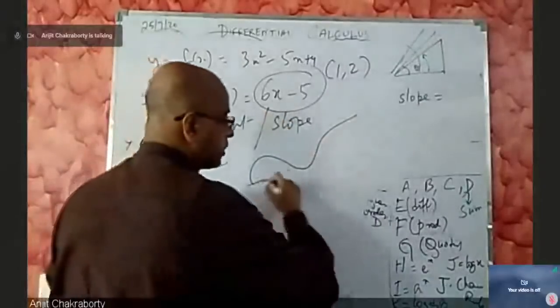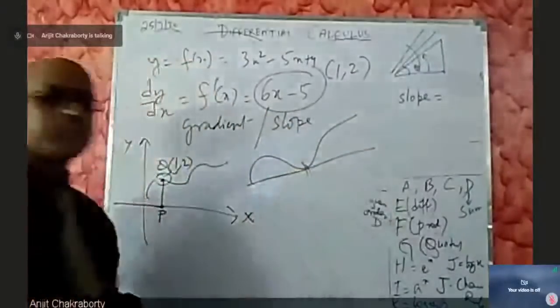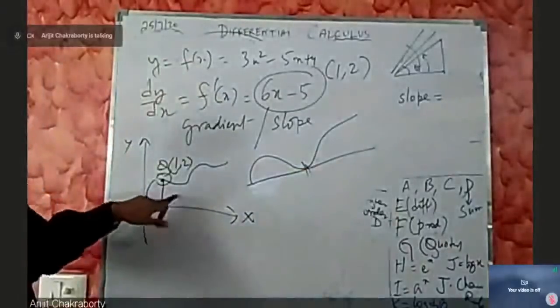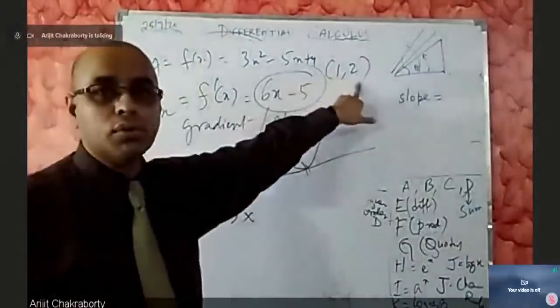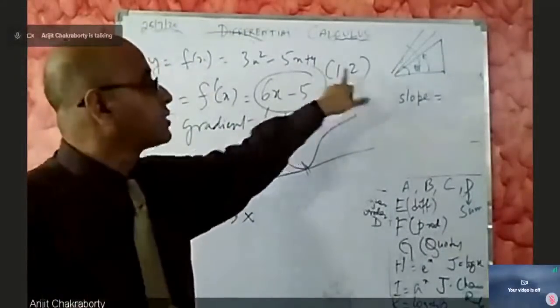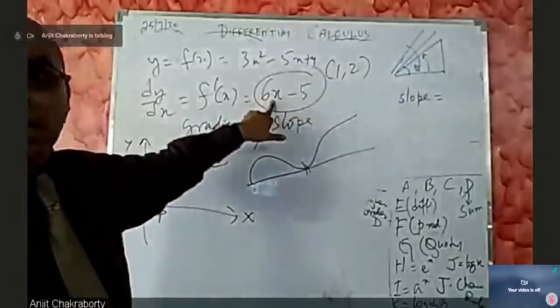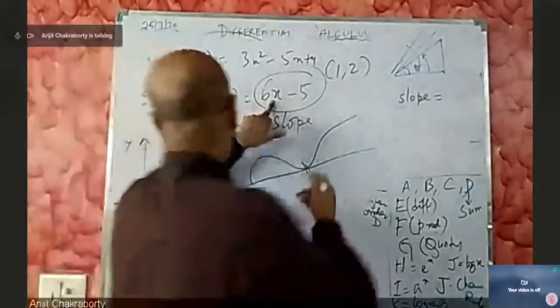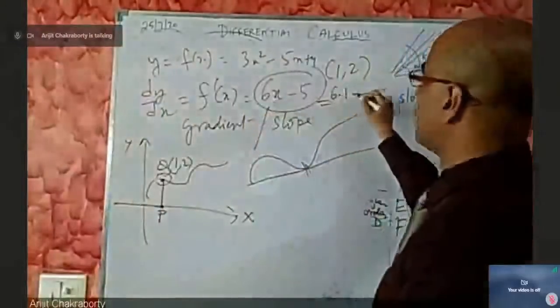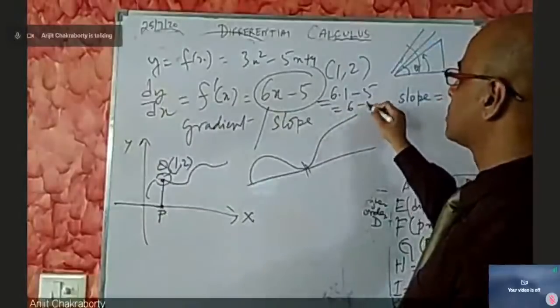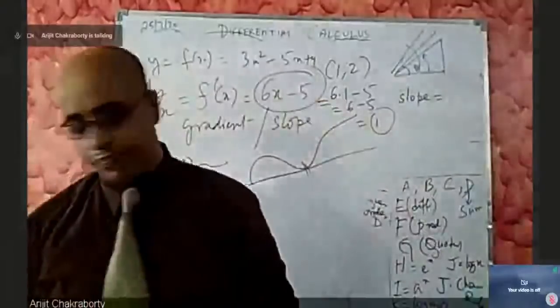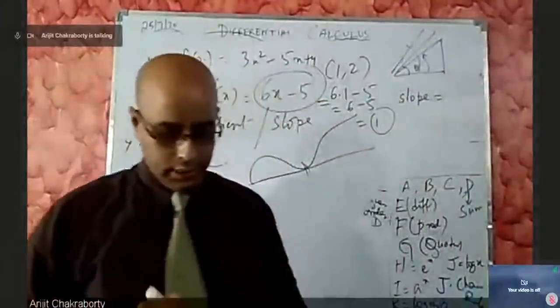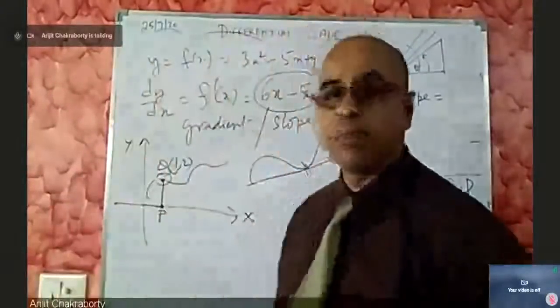That means it will go like this, tangent. So at the point x equal to 1 and y equal to 2, the value of x is 1, so I will put 1 in place of x. It becomes 6 into 1 minus 5, that is 6 minus 5, that is 1. So the gradient is 1. This is how we solve this type of problem.